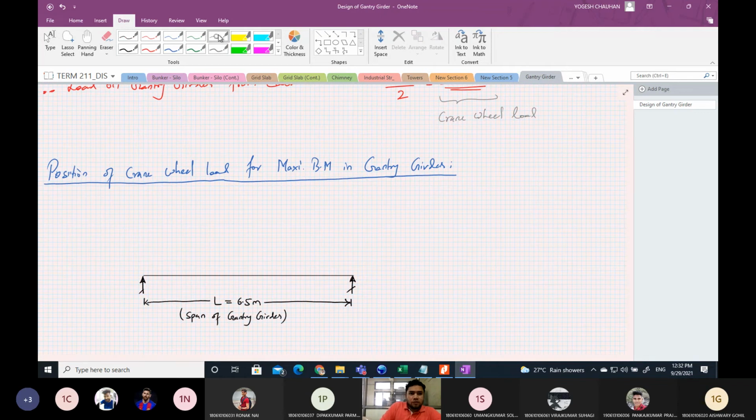Okay, let us say this is the halfway midspan. So this distance will be L by 2, that will be 3.25 meter from here, and L by 2, that is 3.25 meter.